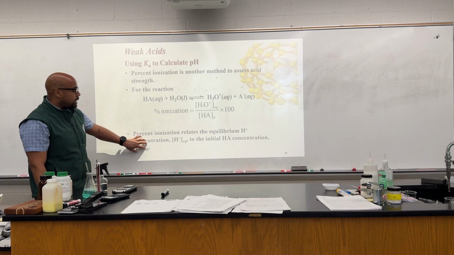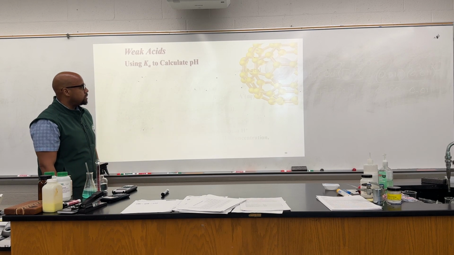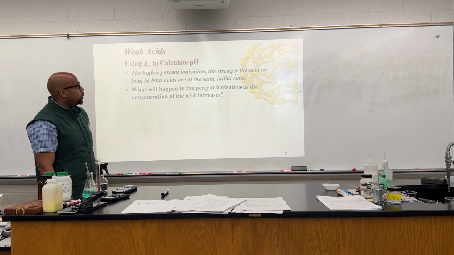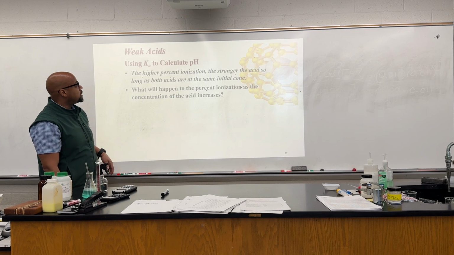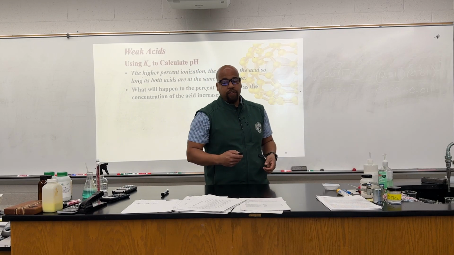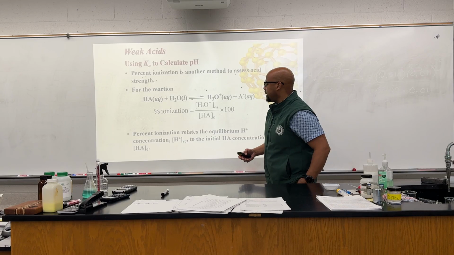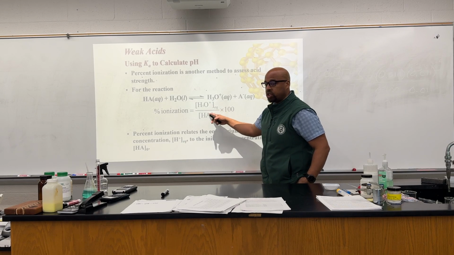And once again, just make sure that you're really careful with initial and equilibrium concentrations here. So one of the things that we gotta look at is what this percent ionization means. If you look at the equation, it's kind of straightforward. It shows us the degree at which this thing is going to dissociate.